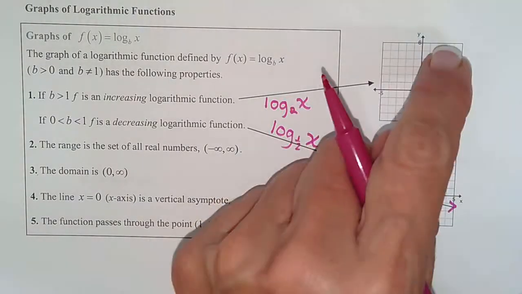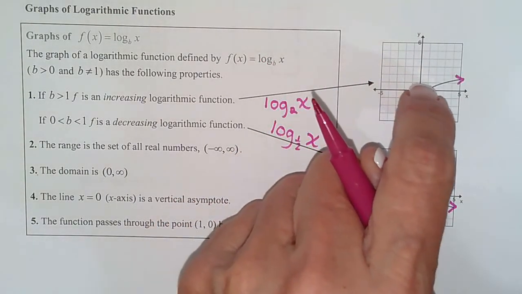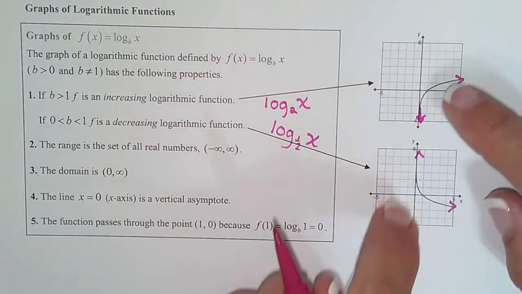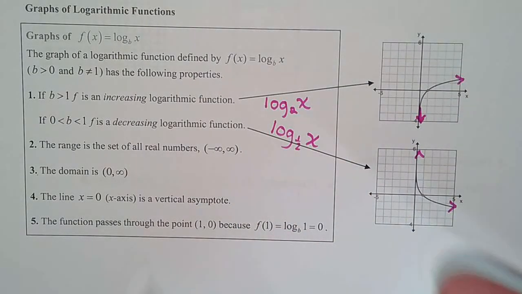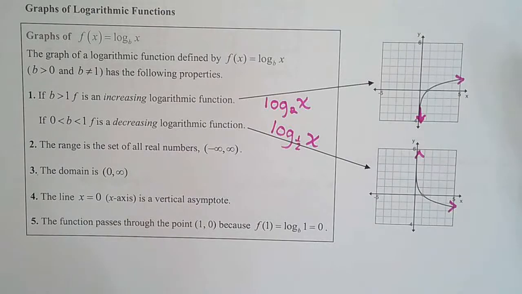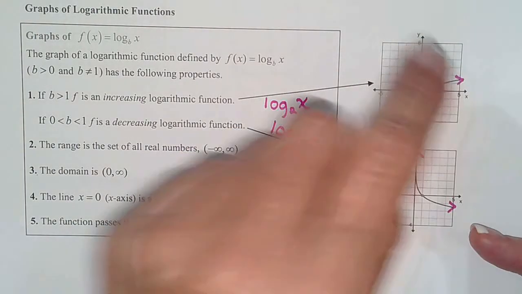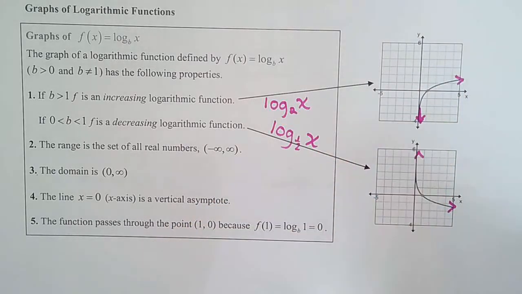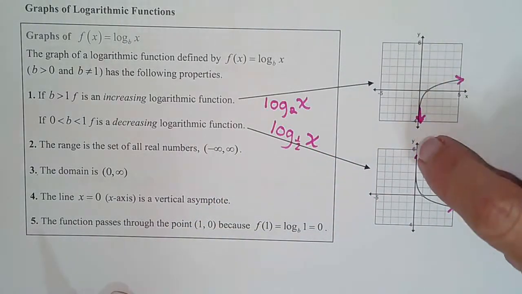Remember with our exponentials how they slid right along the x-axis? Well, since this is the inverse, this one slides right along the y-axis, because remember we interchange x and y. So before we were drawing functions that slid along the x, but we're doing the inverse now, so they go right along the y.